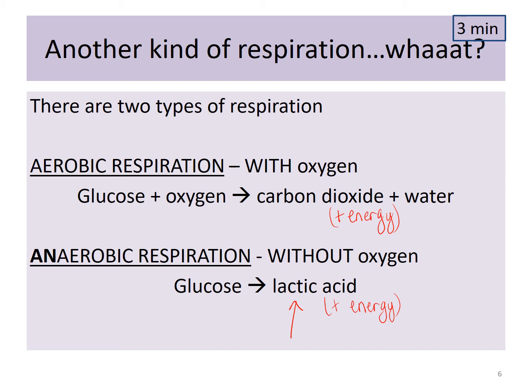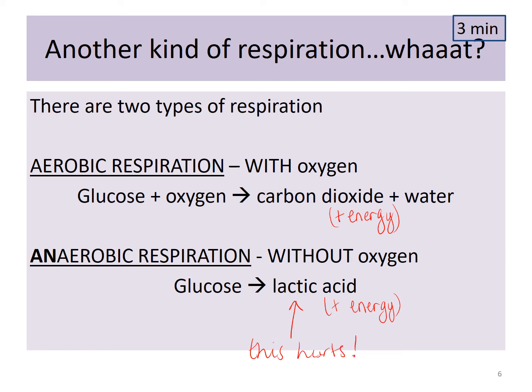And that's due to this lactic acid. If there's a buildup of lactic acid, if you get a stitch, then that means you're not getting enough oxygen for aerobic respiration. So you're going to produce lactic acid instead. And this hurts.